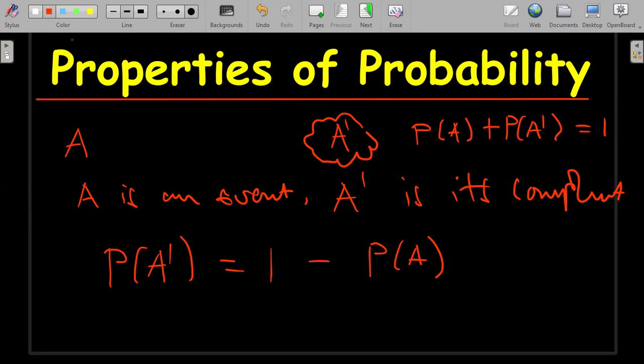But the most common form in which they give this formula is the first form.